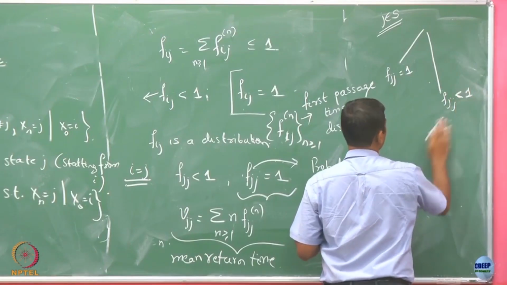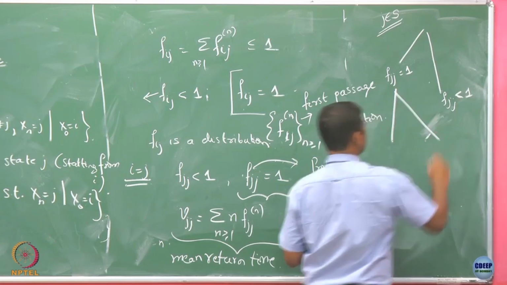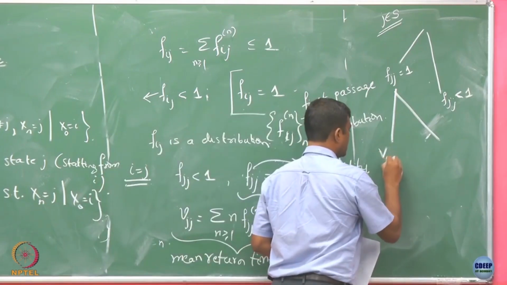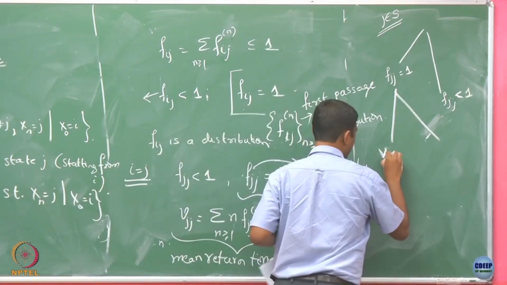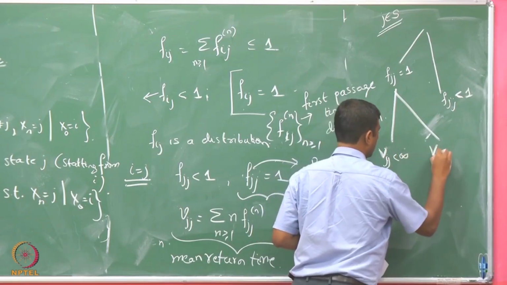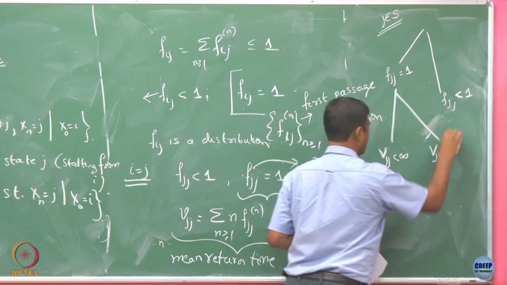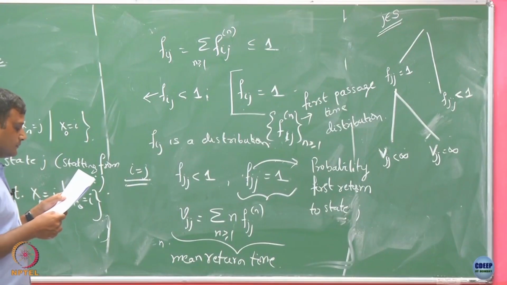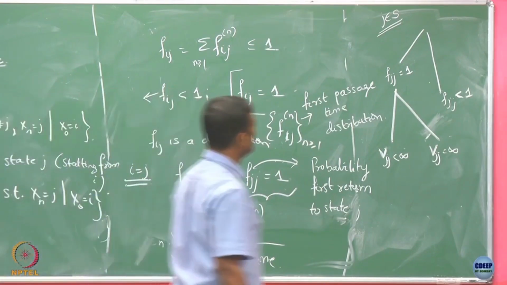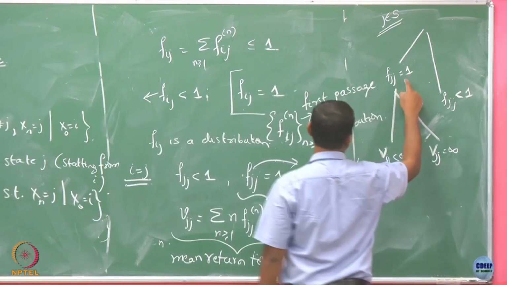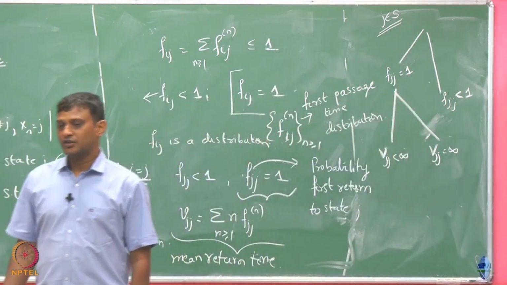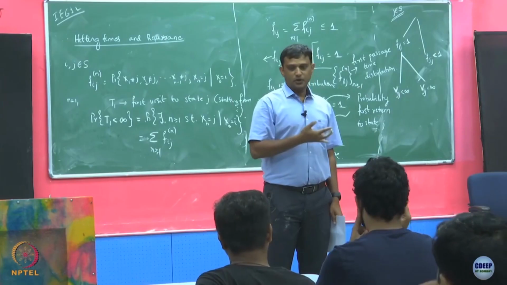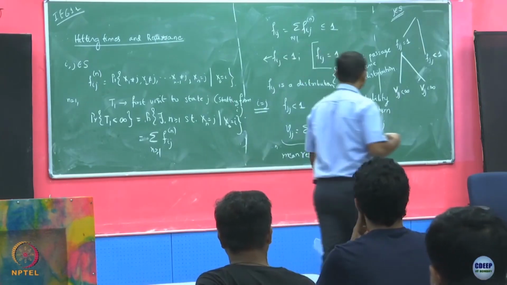Further, when my Fjj equals 1, two things can happen: my mu jj can be finite or my mu jj can be infinite. As I said, when Fjj happens to be 1, we are going to call that state j recurrent, because we have a positive probability of coming back to it.